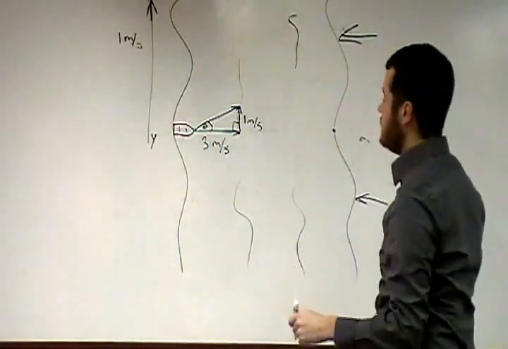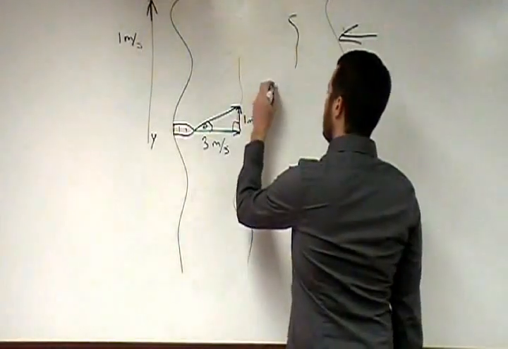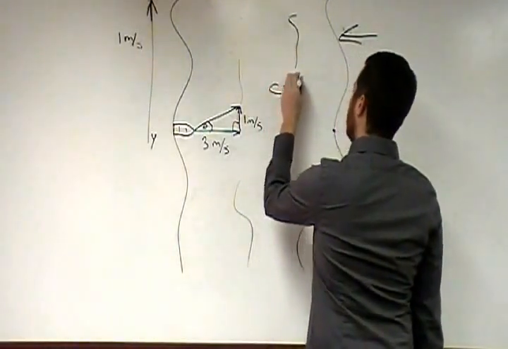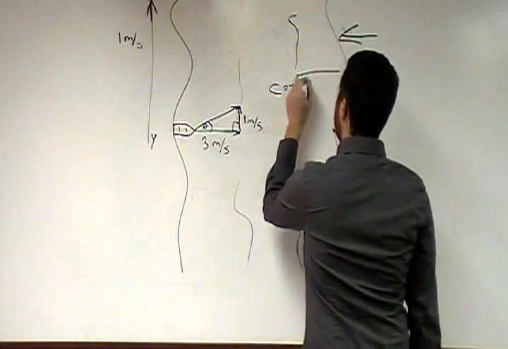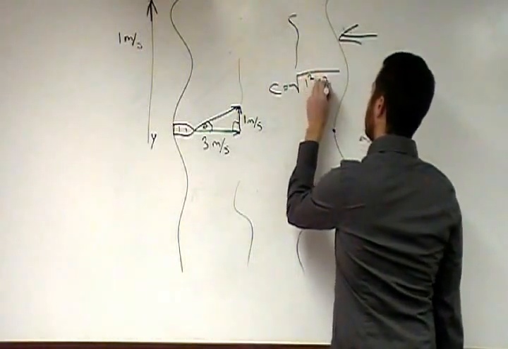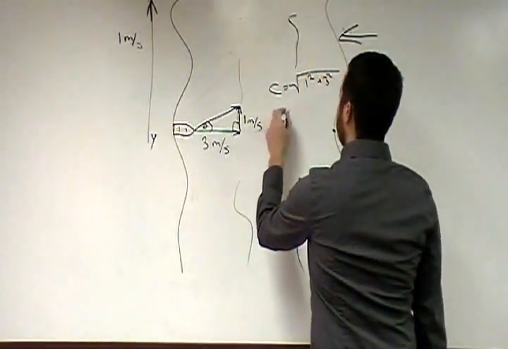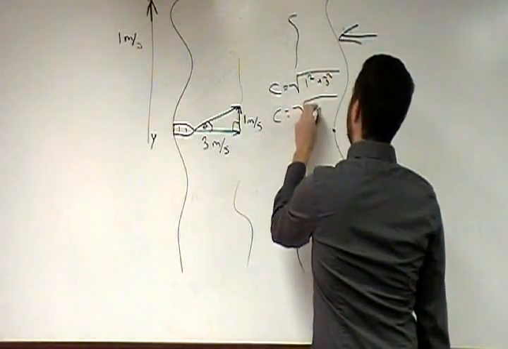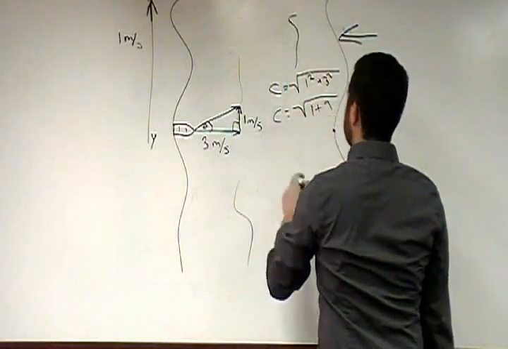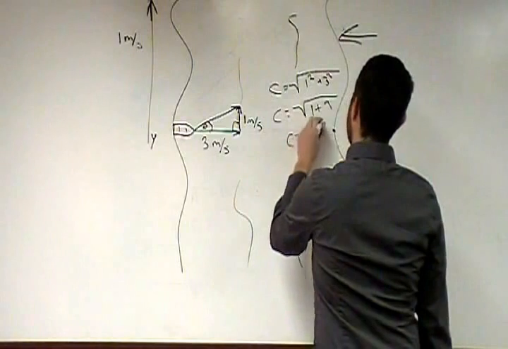So, same steps as before. We know that c is equal to the square root of 1 squared plus 3 squared, right? C is equal to the square root of 1 plus 9. C is equal to the square root of 10.